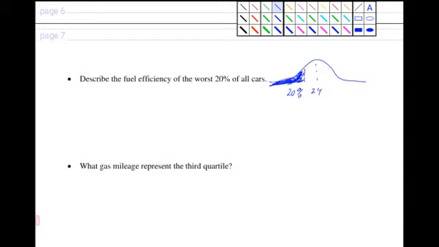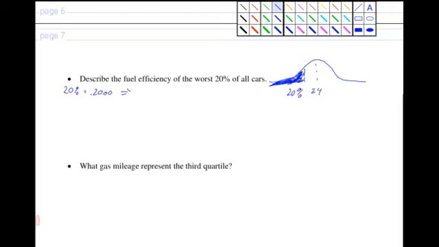Okay, so we want to figure this out. We're going to use our z-score formula to do so. But first we need to find out what that 20% is. 20% is 0.2000, because the middle of the z-table where it shows the proportions is always 4 decimal places.